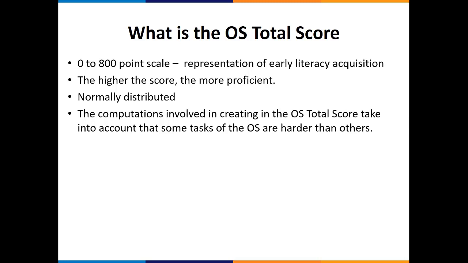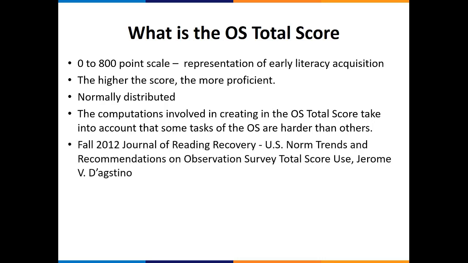So these things that you might think will affect the total score, and they do a little bit, but the computations and calculations involved in creating the total score take these things into account. And if you want to read more about it, you can read the Fall 2012 Journal of Reading Recovery article, The U.S. Norm, Trends, and Recommendations on Observation Survey Total Score Use by former IDEC Research Director Jerry D'Agostino.